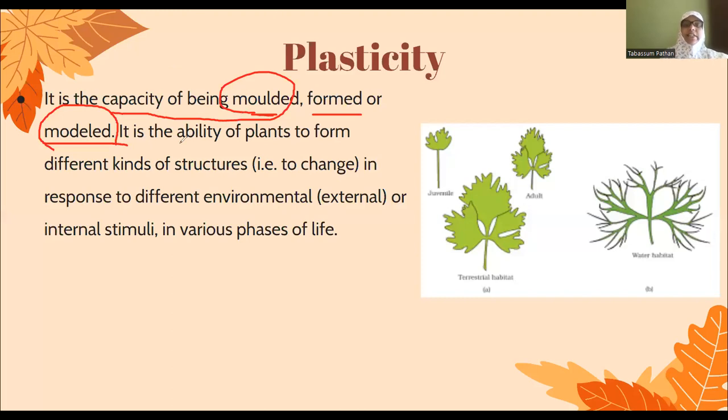So basically, it is the ability of the plant to form different kinds of structures, depending upon the requirement, and what form the plant takes to form into a tree. The morphological changes that will happen in a plant.